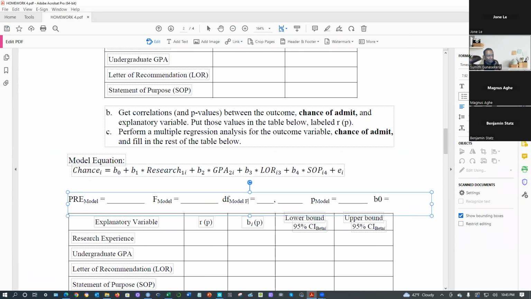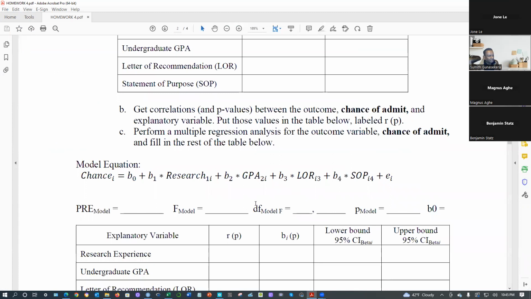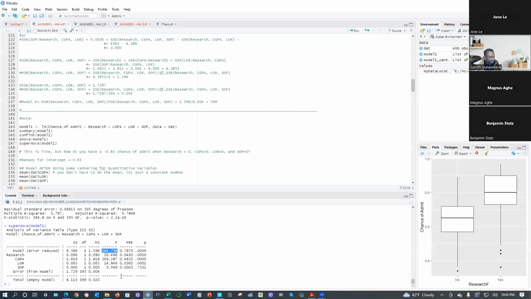Okay, make it clear. Model F. So that means this one. See, this degree of freedom and this one.